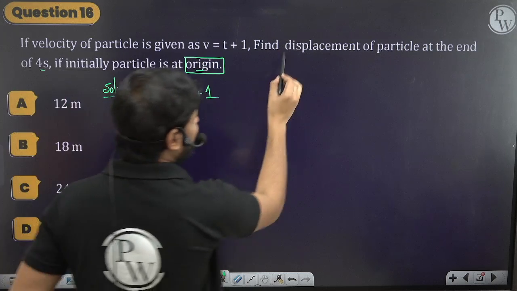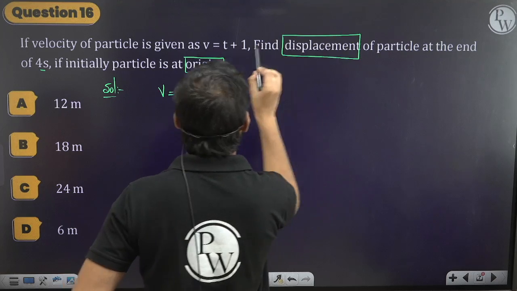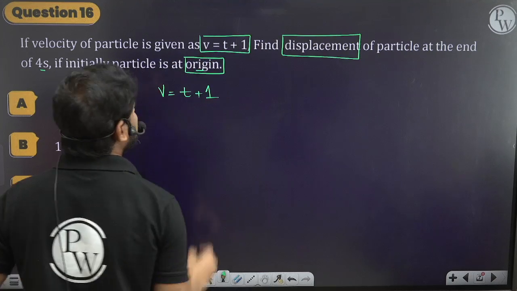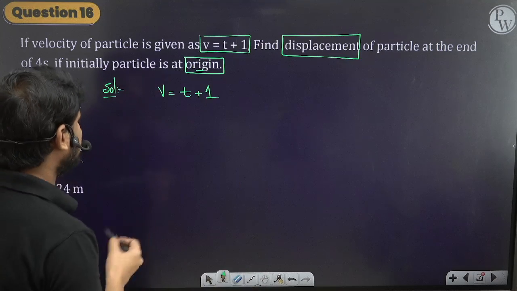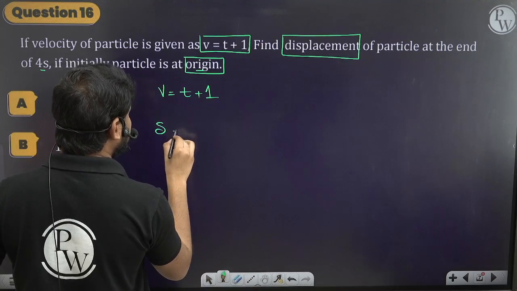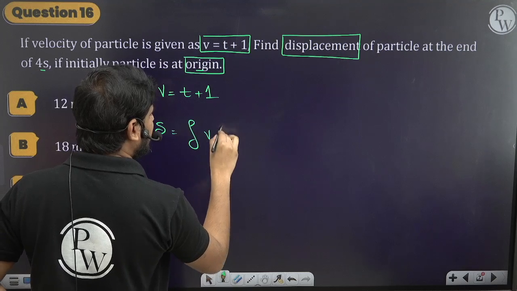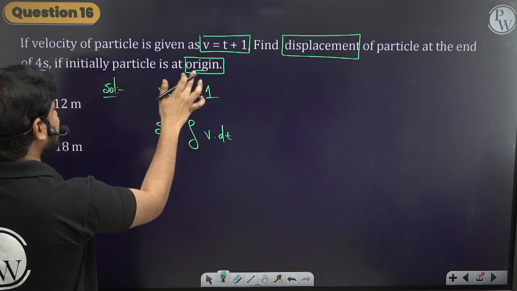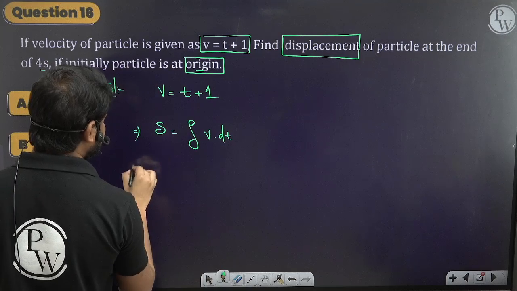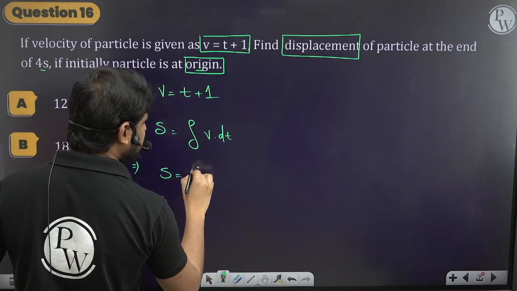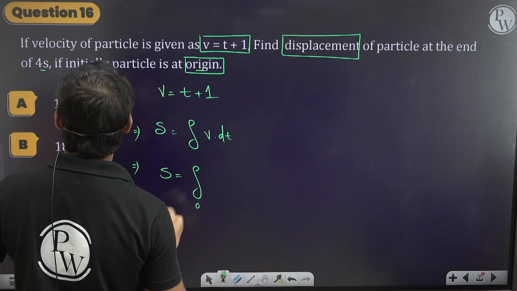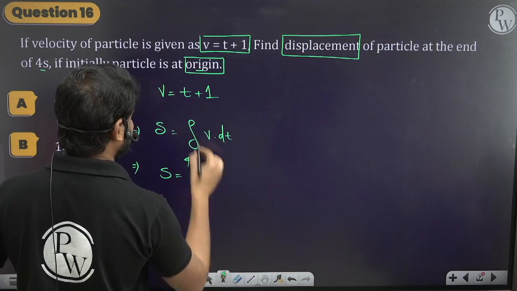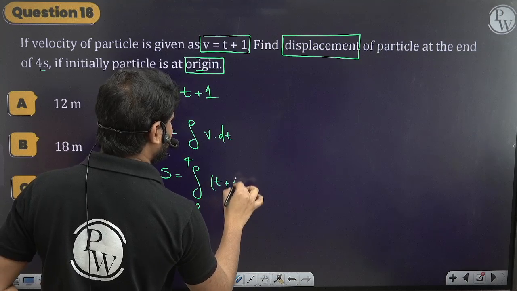What did they ask us to find? Displacement. Which function did they give? Velocity function. So velocity to displacement: simply the integration of v dt, and the limits are also given, 0 to 4. So s is equal to the integration from 0 to 4 of the velocity function (t + 1) dt.